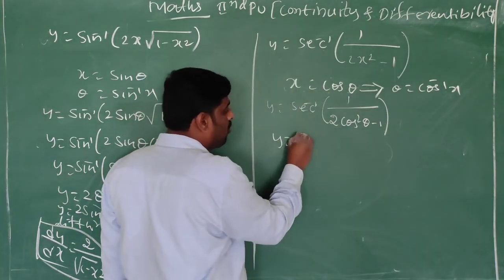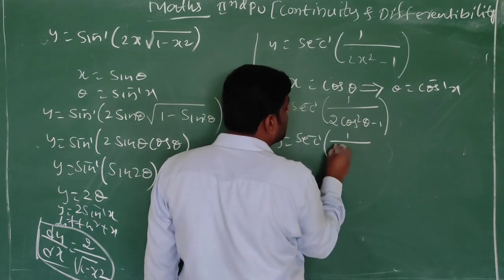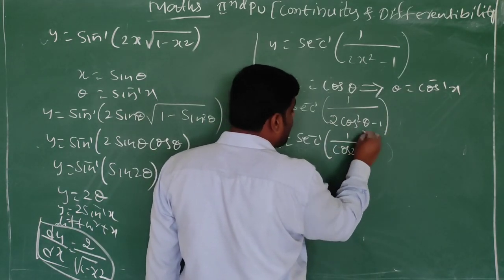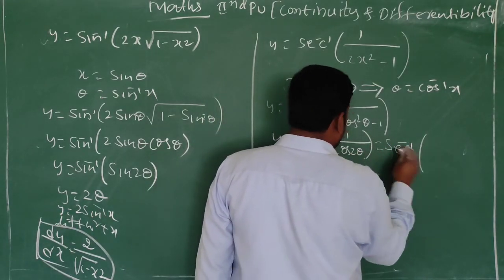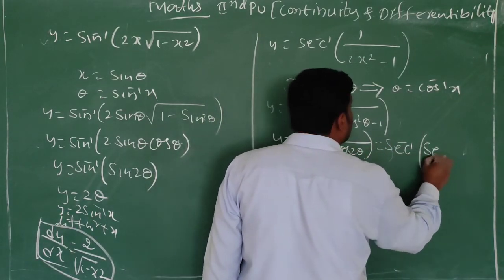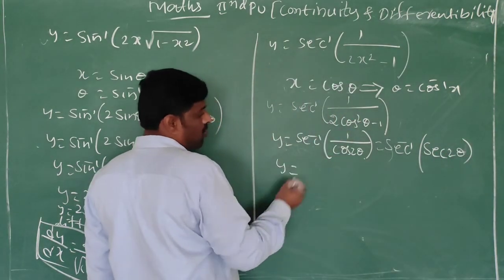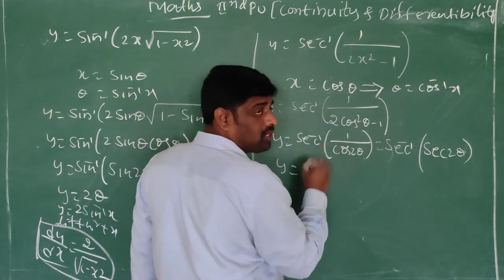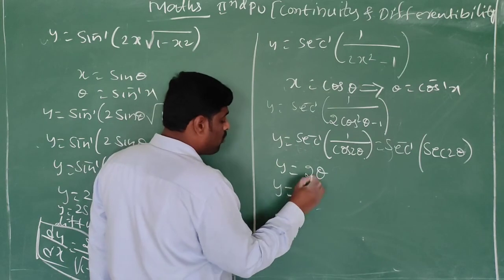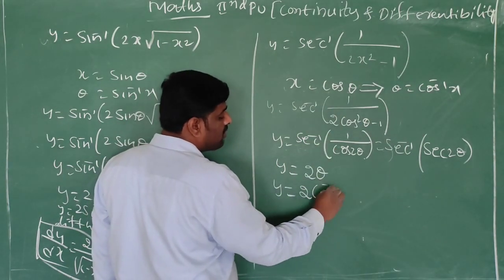This value is cos 2 theta. So secant inverse of 1 by cos 2 theta is secant inverse of secant 2 theta, which is 2 theta. y is equal to 2 into cos inverse x.